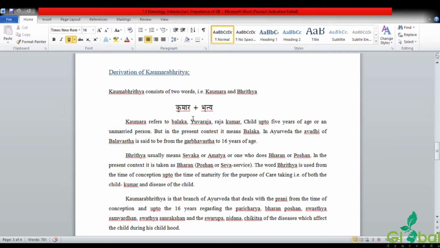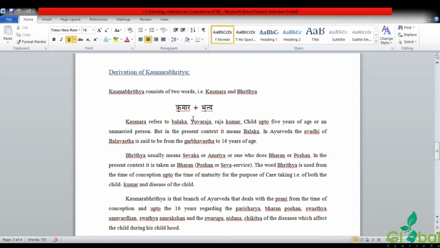The word Bhrutya is used from the time of conception up to the time of maturity for the purpose of caretaking, of both the child, Kumara, and the diseases of the child. So it deals with taking care of the Balaka, whether general caretaking or diseases of the Kumara.